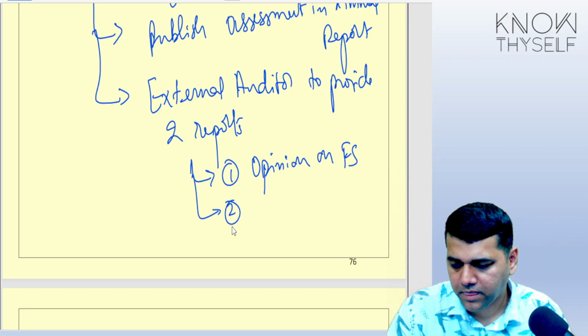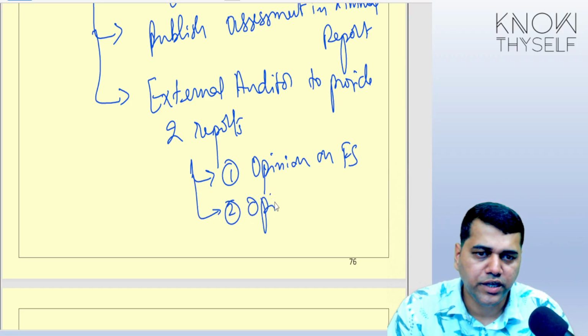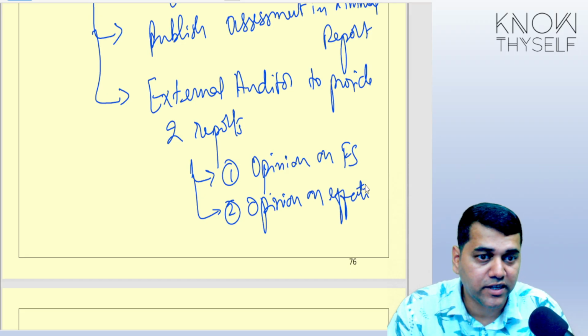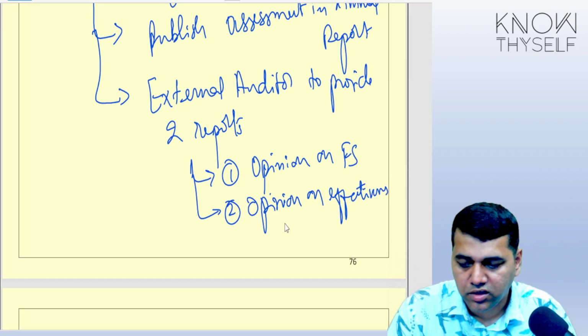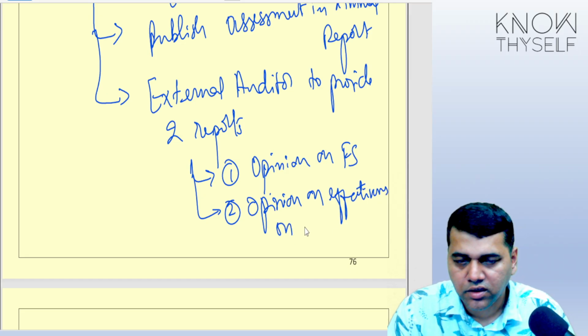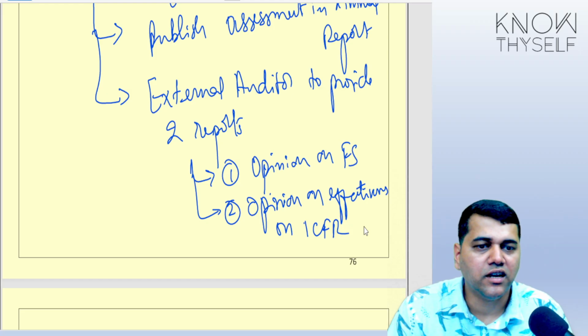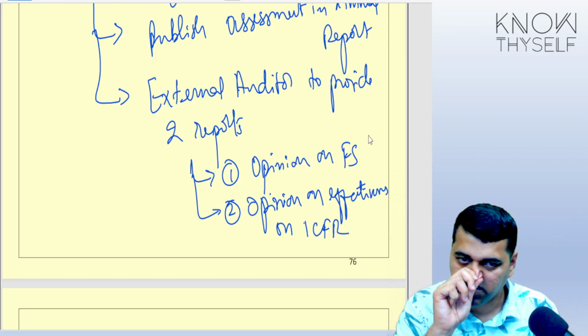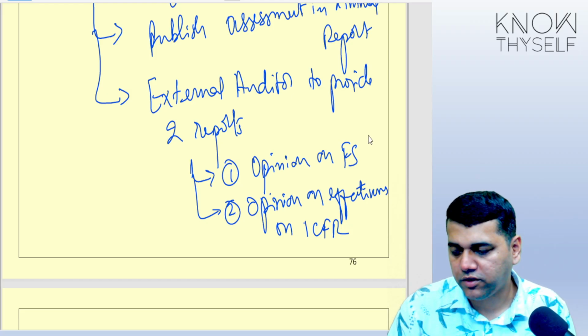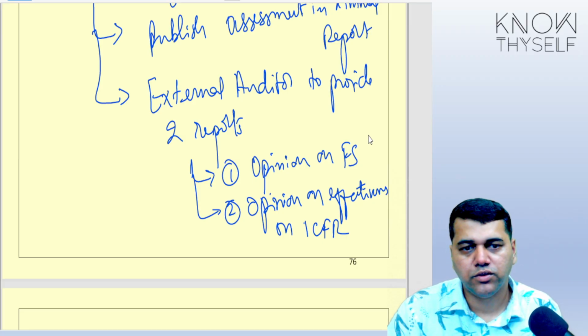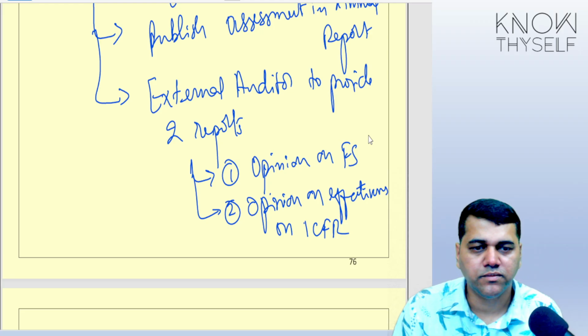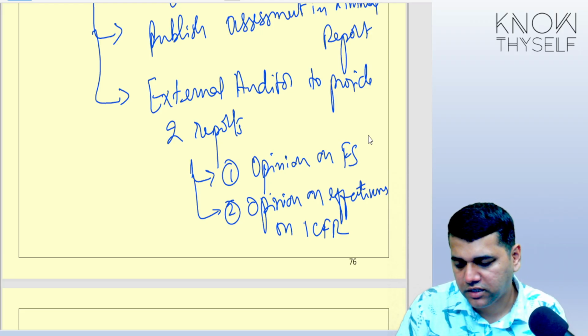Second, opinion on effectiveness, not on design, on ICFR, internal controls over financial reporting. So 2 types of reports they have to give. One is on the financial statements and the other related to ICFR.